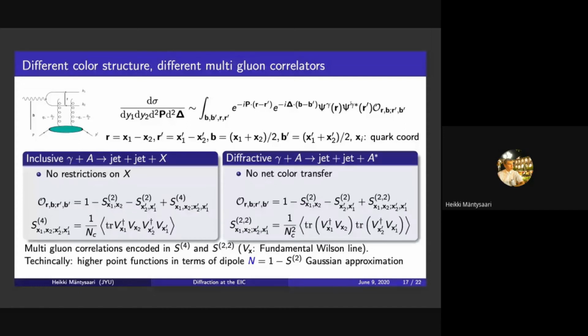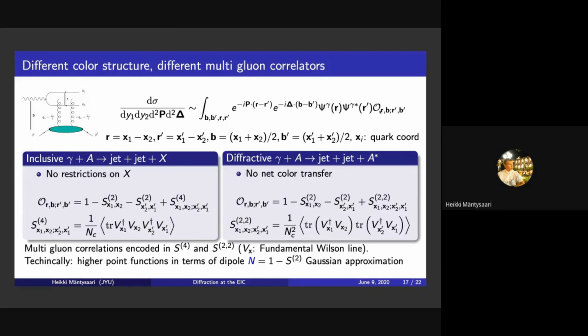Then I have Fourier conjugates to different transverse momenta. The impact parameter is conjugate to the recoil momentum, and the dipole size is conjugate to the average jet momentum. And then there is some operator.